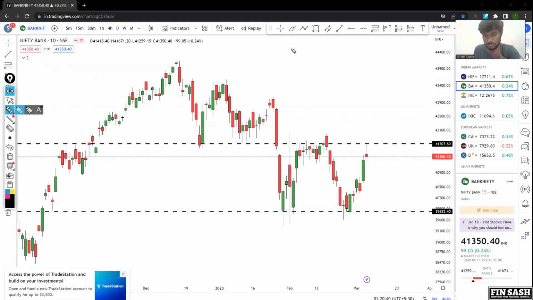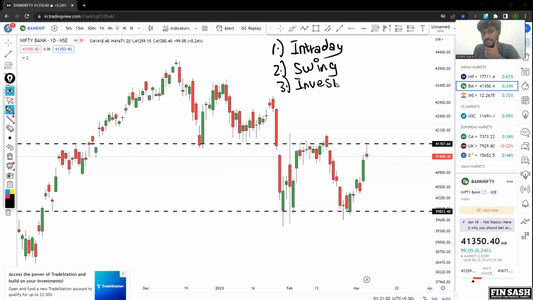All right, so there are two main kinds of trading, right? There's three actually, but the third one is not considered. So there's intraday trading, there's swing trading, and then there's investing. Investing is not considered trading, it's a separate thing.